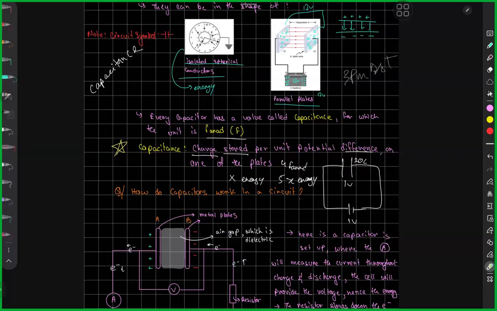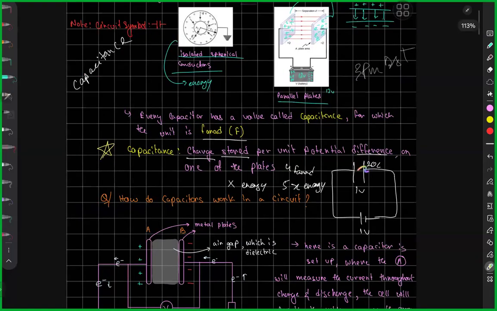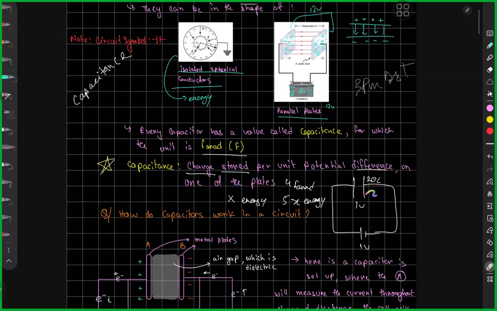The point is, at the end of the day, if I transfer, if I induce 1 coulomb of positive charge over here, that automatically means I have net 1 coulomb of negative charge on this plate, which resulted in a net positive 1 coulomb of charge on this plate. So you don't have to say that I've stored 2 coulombs of charge at my capacitor. When you say there's 1 coulomb of negative charge on one plate, that automatically explains that on the other plate, obviously there's a positive charge worth 1 coulomb.